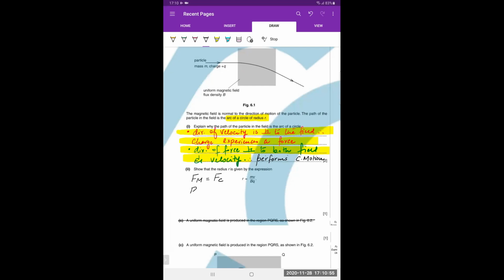The formula for magnetic force was BQV, and for centripetal force, the result was mv² upon r. If you make r the subject, you end up getting this result: r is equal to mass times velocity divided by B times q.